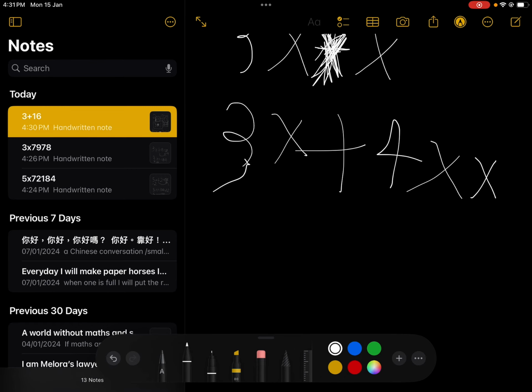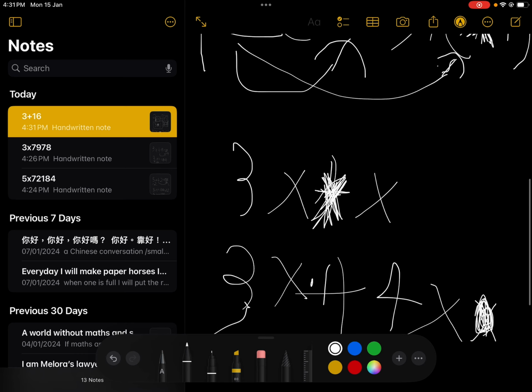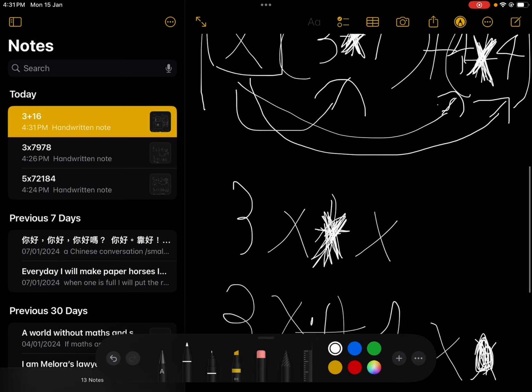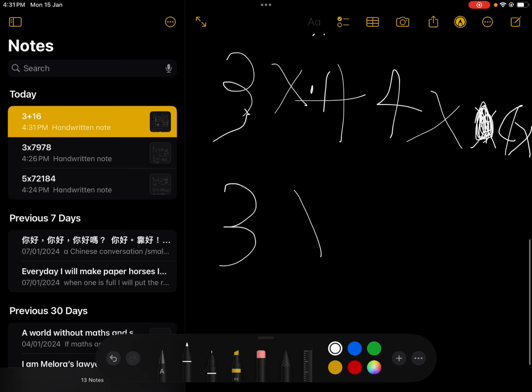In algebra, we usually write multiply as a dot, so we don't get confused with x. So times, we're going to distribute the x to the other 4, so it becomes 4x times 4x. If you do the calculations, 3x times 1 is 3x.